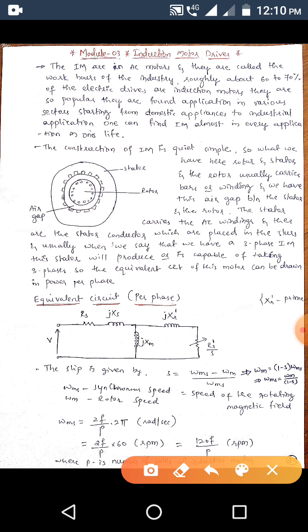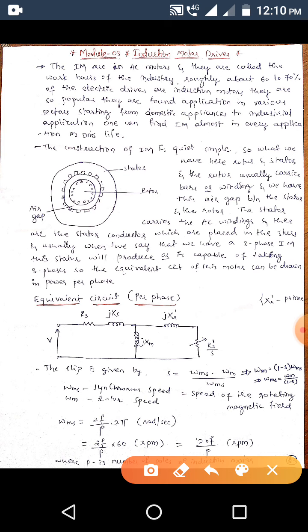Roughly almost 60 to 70% of the electrical drives are induction motors. As I said, most of the industry appliances as well as the domestic appliances use induction motors to run the motor.